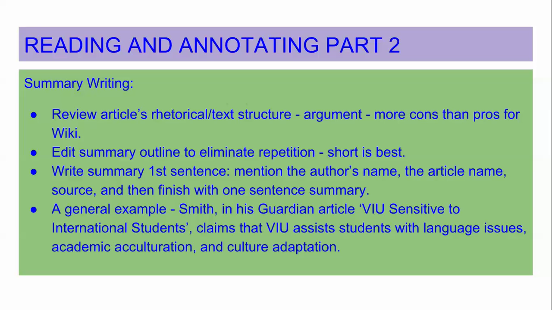Now you have to think for yourselves how you would write that summary sentence. The author's name is in APA, the Guardian article's title is clear, and what you need to do is write up that sentence yourself.